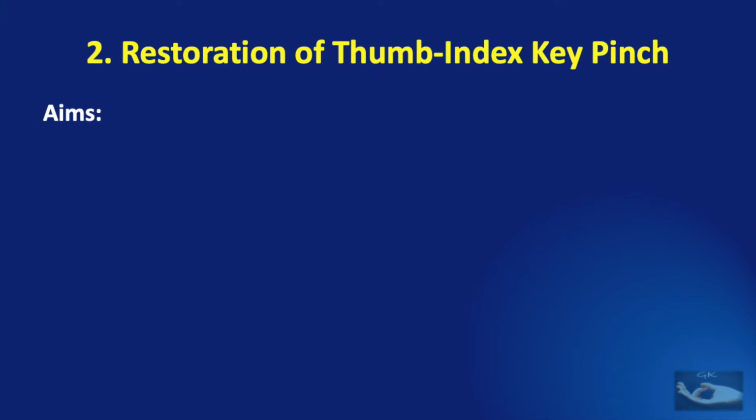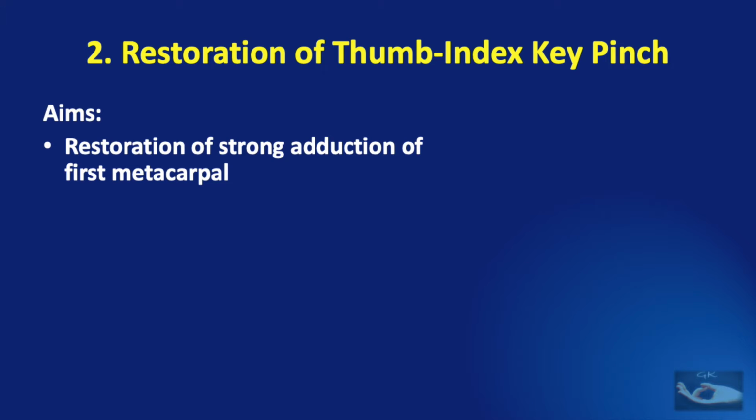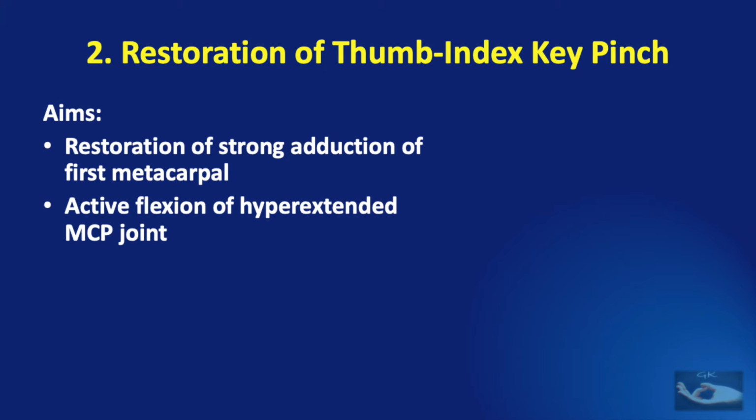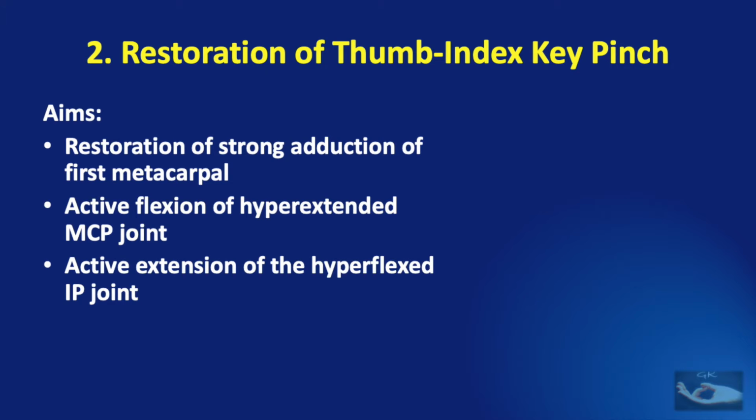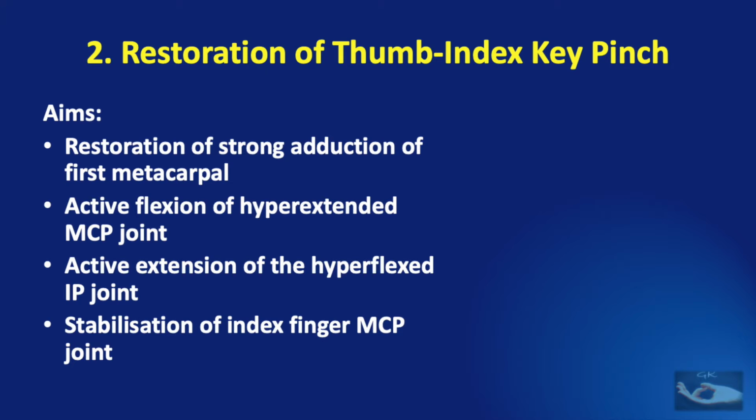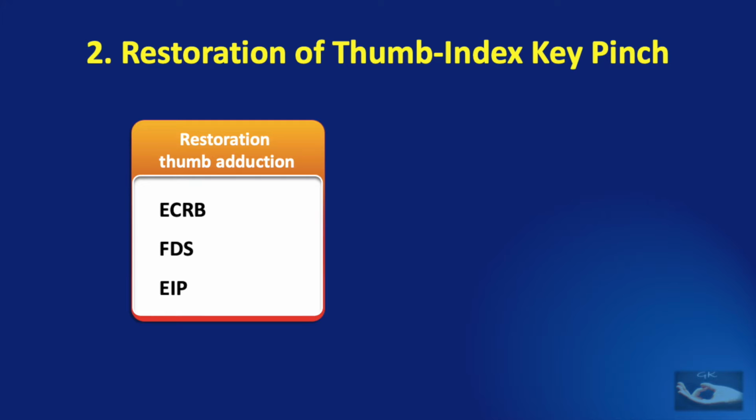To restore the thumb index key pinch, we need to restore a strong adduction of the first metacarpal, active flexion of the hyperextended metacarpophalangeal joint of the thumb, active extension of the hyperflexed interphalangeal joint, and stabilization of the index finger metacarpophalangeal joint. So basically, we need to do two types of tendon transfers.